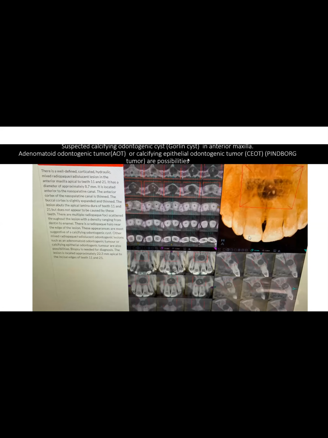It's not a safety margin. You remove it so that it doesn't reappear because it's a cyst. When you talk about safety margins, you're talking about tumors, right? So you don't want to have recurrence. Recurrence, yes, of course. So what you do, you kind of decorticate, or you go with a big round burr, like a number 8 round burr, and you shave around 0.5 millimeter from the inside.